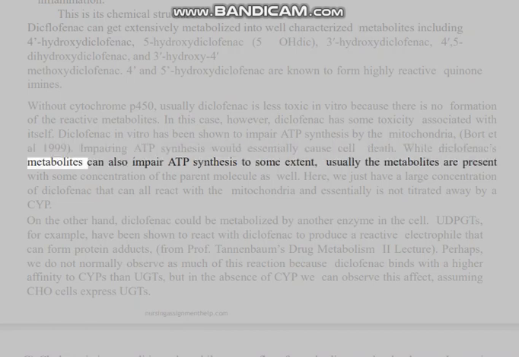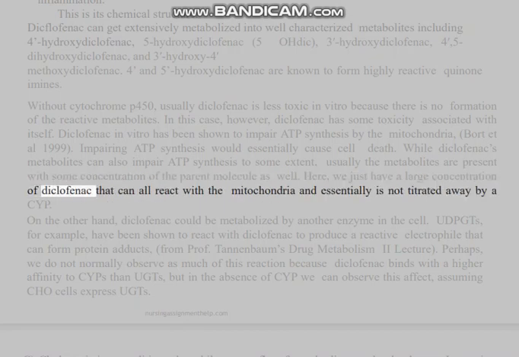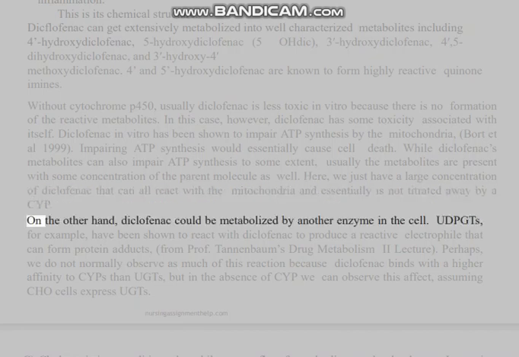While diclofenac's metabolites can also impair ATP synthesis to some extent, usually the metabolites are present with some concentration of the parent molecule as well. Here, we just have a large concentration of diclofenac that can all react with the mitochondria and is not titrated away by CYP.